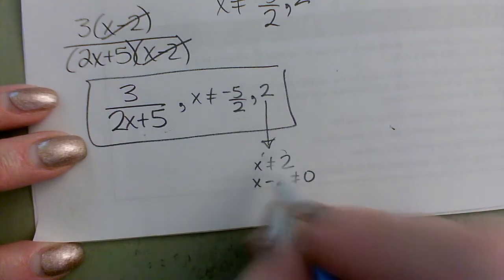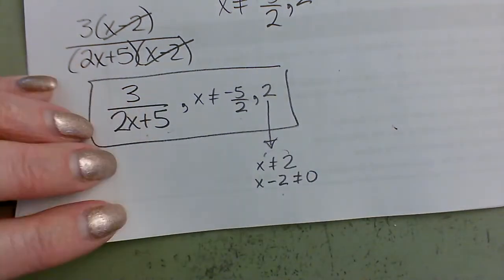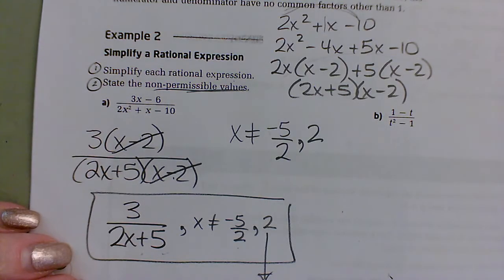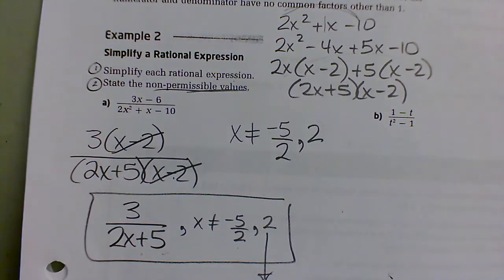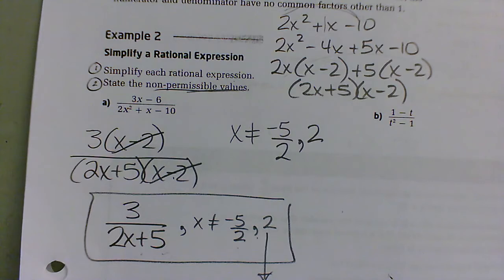If I had canceled it out, how many should there have been of them? 1 on the bottom, 1 on the top. So what it means is that my restrictions can tell me what my original question would have looked like.